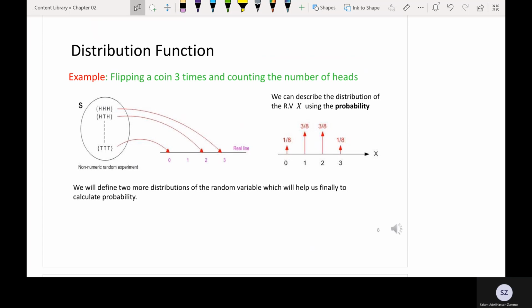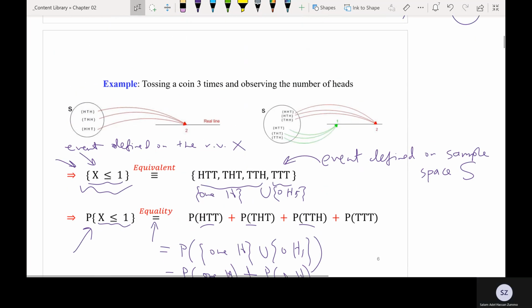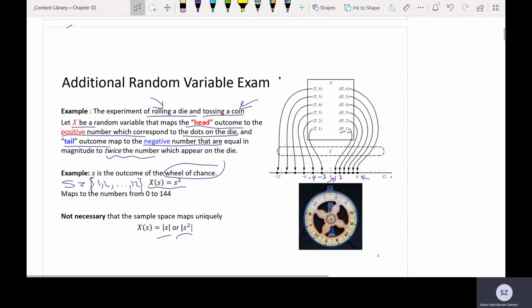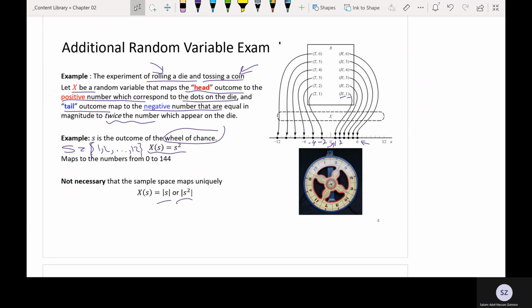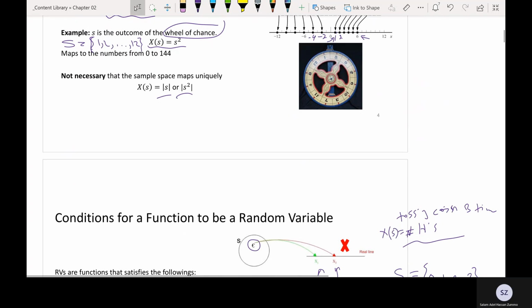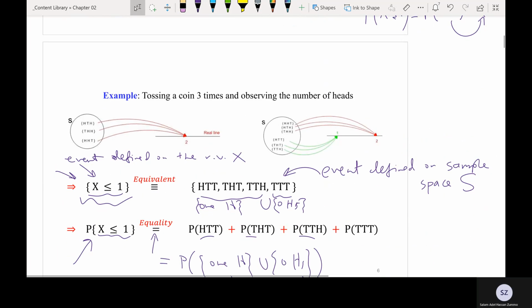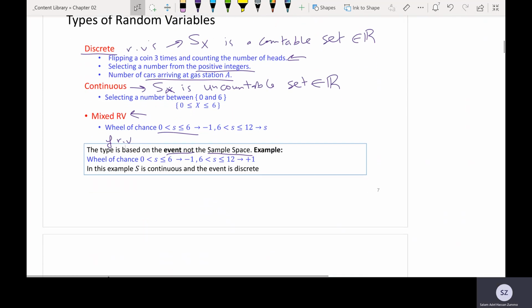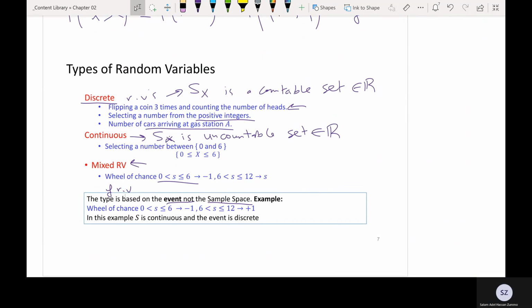Next, you can have a random variable that takes values... let's go back to the example from above. Here it is clear from the scale, right? Let me give you this example: a wheel with chance between 0 and 6. It can take any value between.